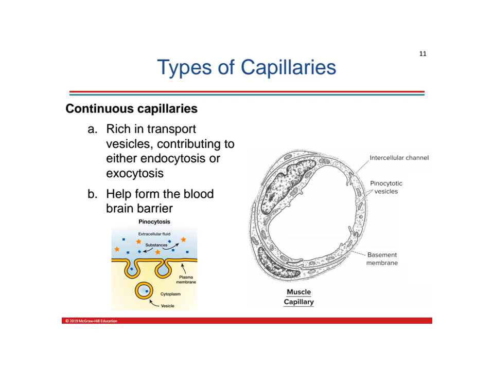Okay, the tightness of these continuous capillaries actually presents a little bit of a problem, which is that sometimes it is necessary for larger molecules such as proteins to be transported across from, say, the blood plasma into the interstitial fluid, or going back in the other direction. And so for this reason, continuous capillaries are rich in transport vesicles, and these contribute to endocytosis and exocytosis.